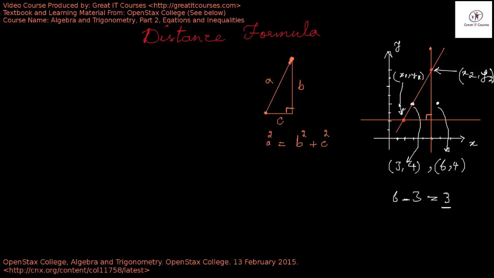Now in order to find the length of this side in this triangle, I know that the x coordinate of this point is x1, and the x coordinate of this point is x2. So this whole side over here, I could write as x2 minus x1.